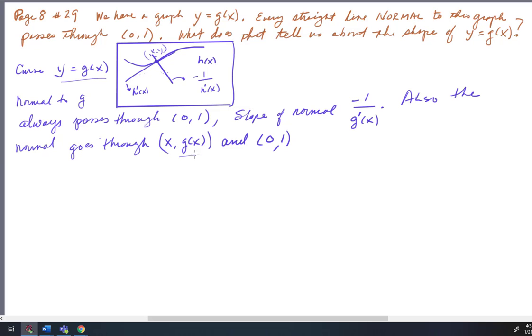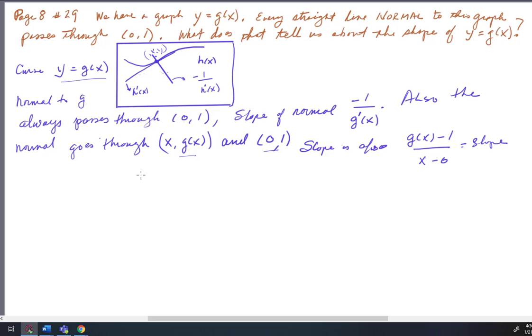So I've got two points, and two points determine the slope of a line. Here's one way to calculate the slope, but another way would be rise over run. This would be g of x minus 1 over x minus 0, and this is also equal to the slope.